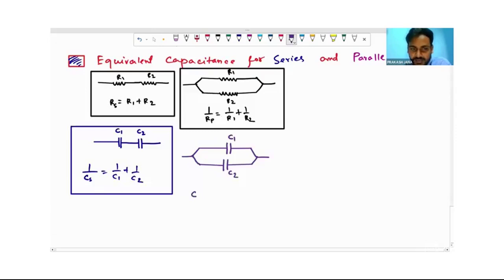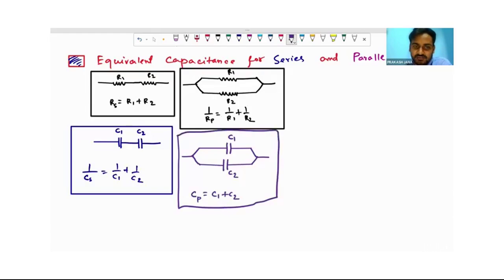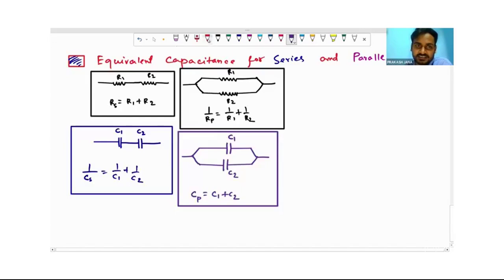So the equivalent capacitance in parallel combination will be just the opposite, that is, Cp is equal to C1 plus C2. Okay, so this is the expression. Now just match it. This is just the opposite.